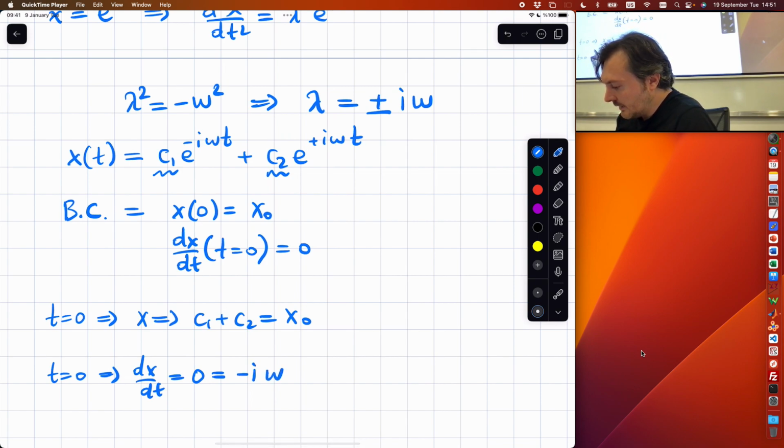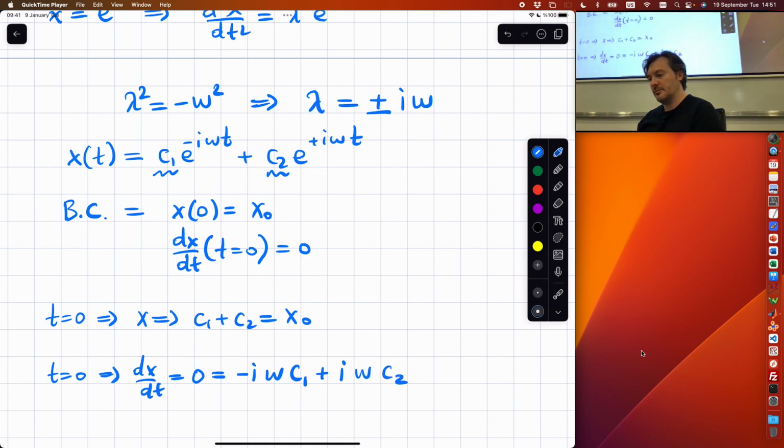Negative i omega c1 plus i omega c2. Do you agree with this?